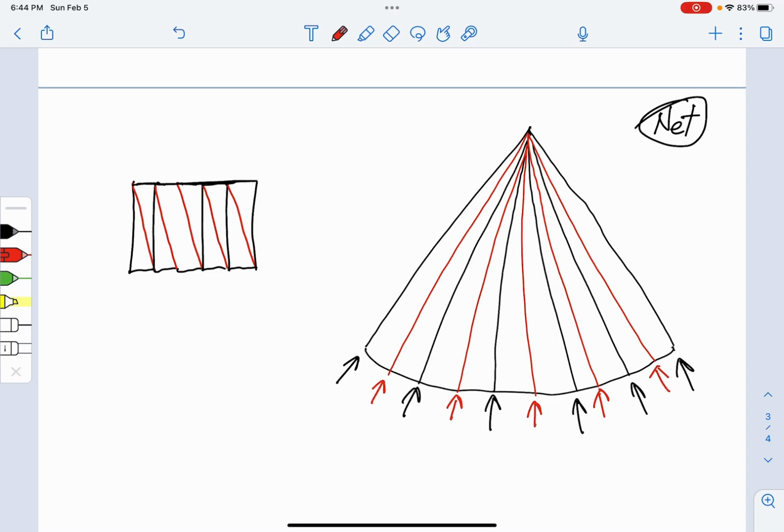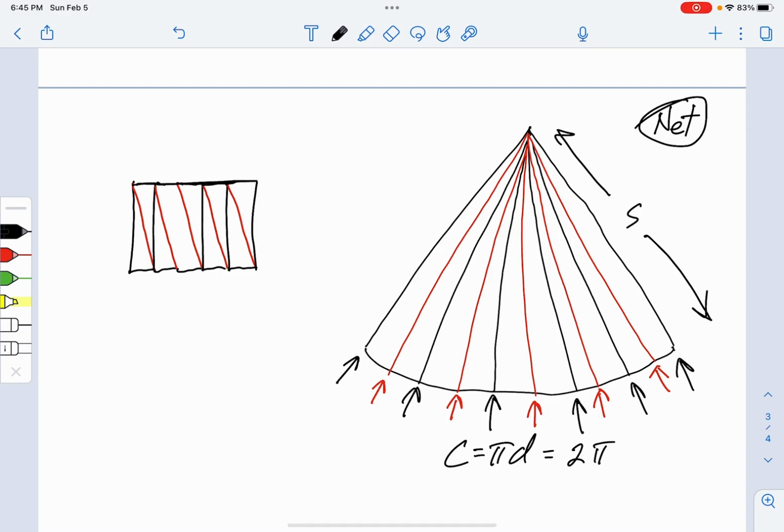And just a quick reminder of the dimensions of what we're working with here. This is our slant height here. And along the bottom we'd have the circumference, which is pi d, which can also be written as 2 pi r, just double the diameter. All along the bottom here.